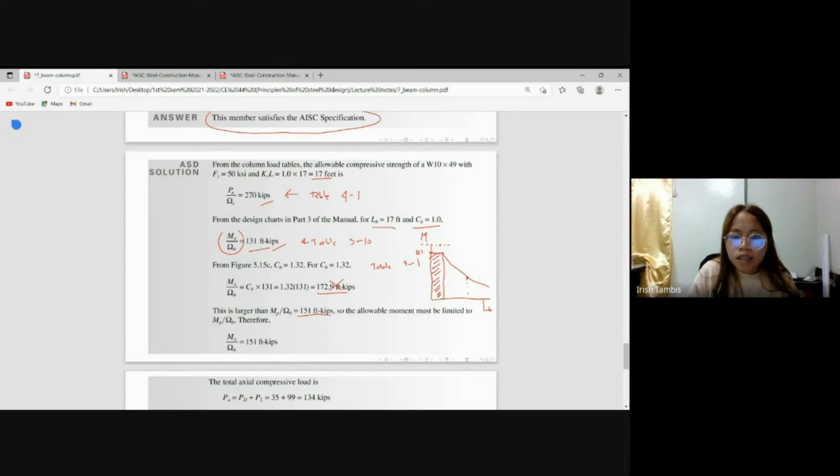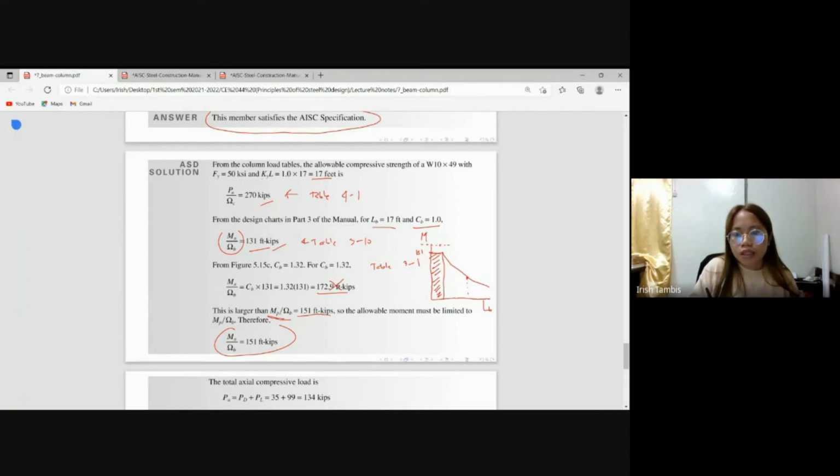Yes, this 151 kilopounds should be the value for the moment term in the interaction formula, the same with the LRFD that I discussed earlier. If M sub n over the factor of safety is greater than the plastic moment divided by the factor of safety, it cannot be used.